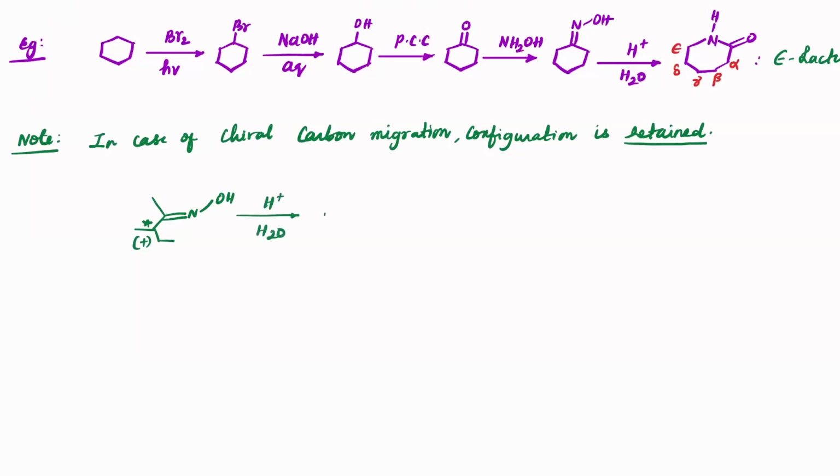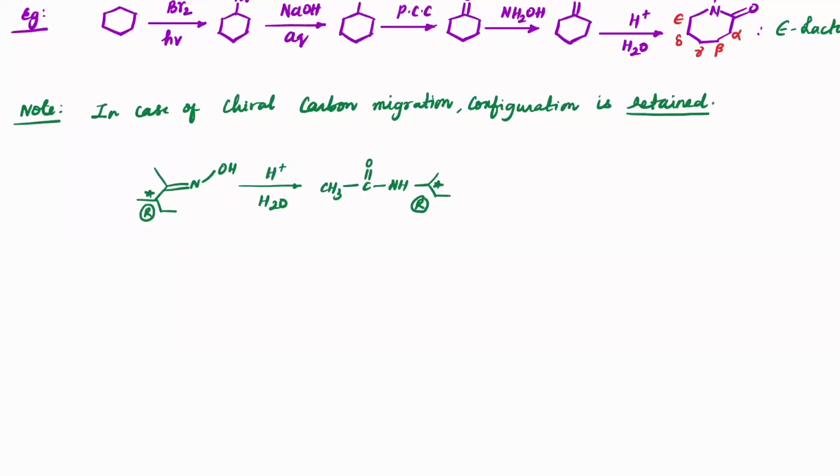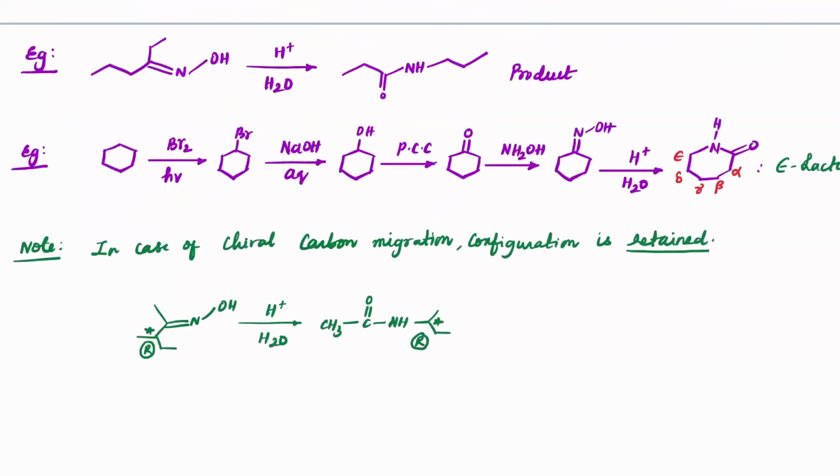So after migration, we'll get this as CH3, C double bond O, NH with this chiral carbon still remaining plus. So if it was R or S configuration, if this is R configuration, it will remain as R configuration. Done? Please check.